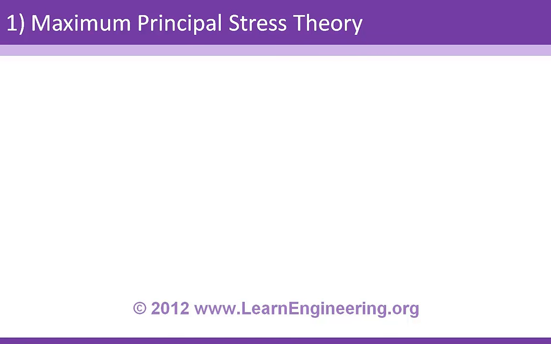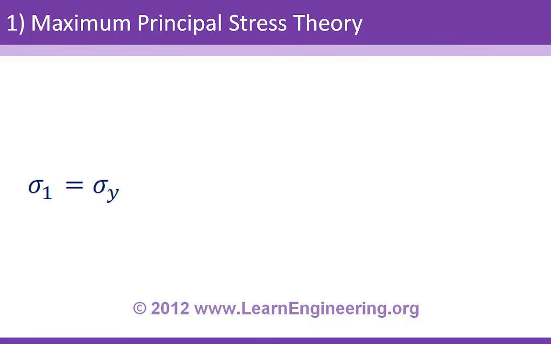Here, the name of the failure theory is maximum principal stress theory. As the name suggests, my material under actual load condition will fail when the maximum principal stress induced in the material is the same as the maximum principal stress induced in a simple tension test. So the maximum principal stress in the actual case is sigma 1, which we got from Mohr circle analysis, and the maximum principal stress in the simple tension test is sigma y.